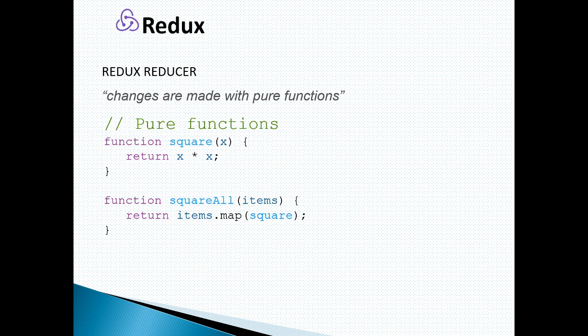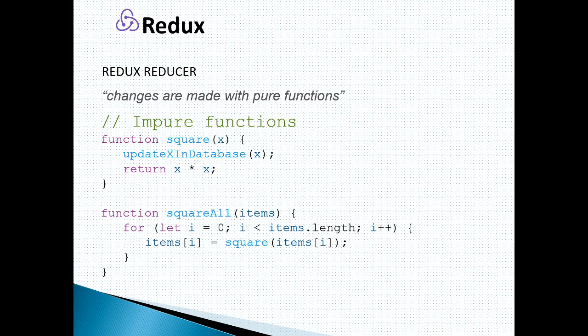As we have discussed, a reducer is a pure function, like square(x). If we provide x, it will just calculate x times x and return the x square, or square all. These are all pure functions. What could be impure functions? If we have to access the database inside the function, I/O, then this function will be impure.